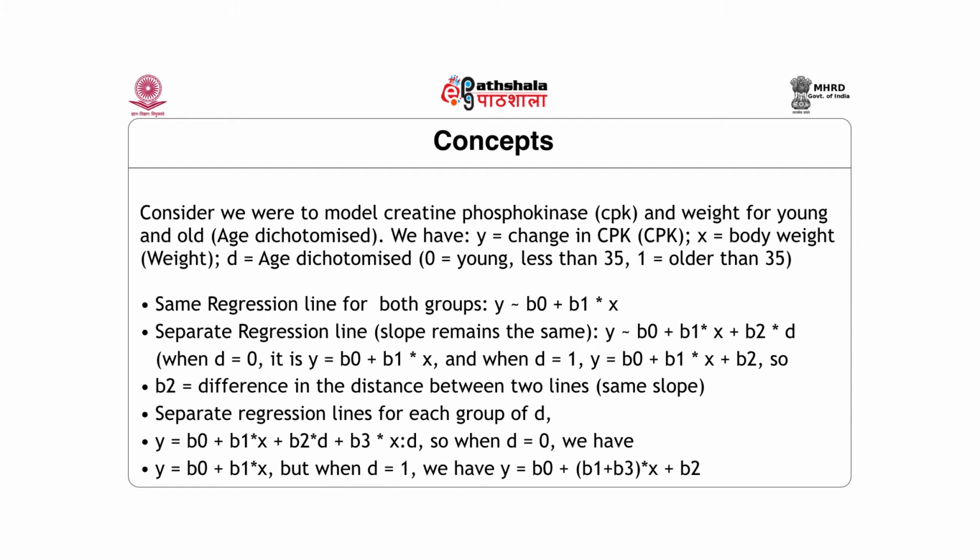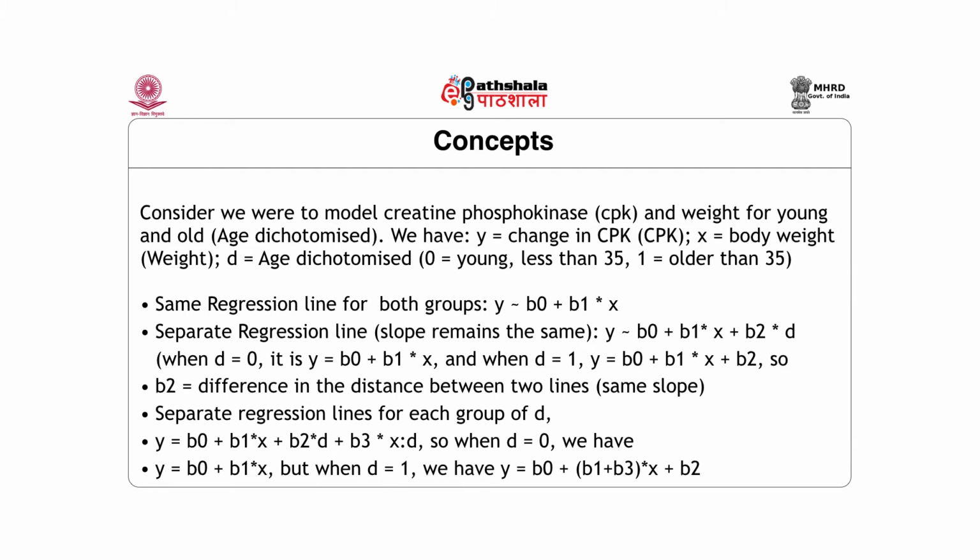For both young and old, that slope will remain the same. However, for the older group, who are given a value of 1, that line will be shifted by some distance.